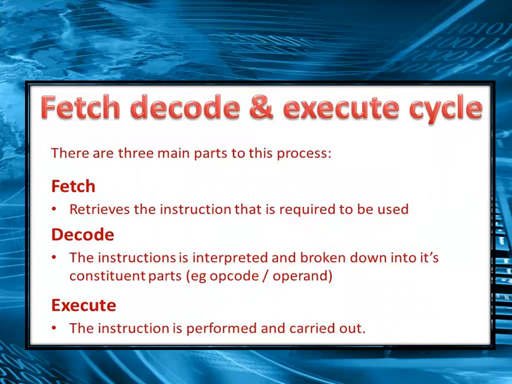These are the three main parts of this process. Fetch means retrieving the instruction that is required. Decode: the instruction is interpreted and broken down into its constituent parts, for example opcode and operand. Execute: the instruction is performed and carried out. The fetch, decode, and execute cycle is sometimes called the instruction cycle, and sometimes the fetch and decode cycle.